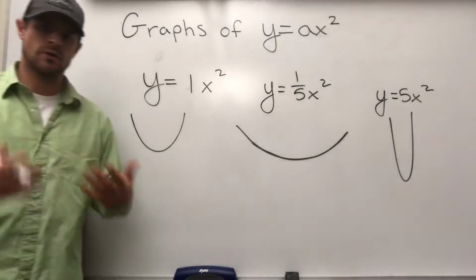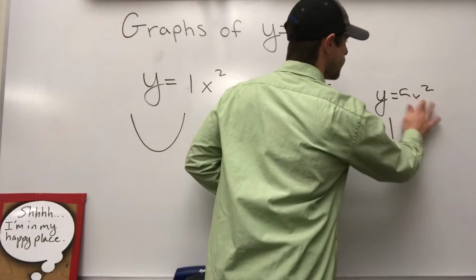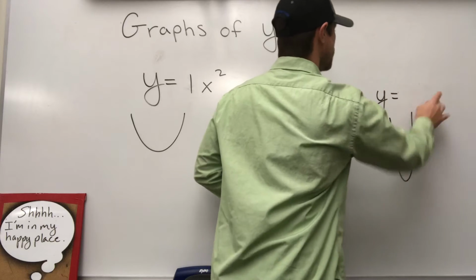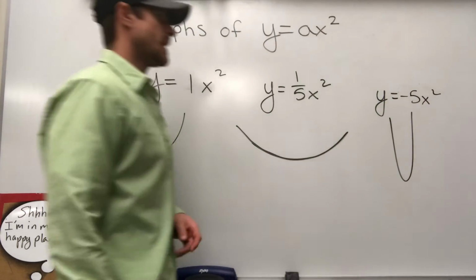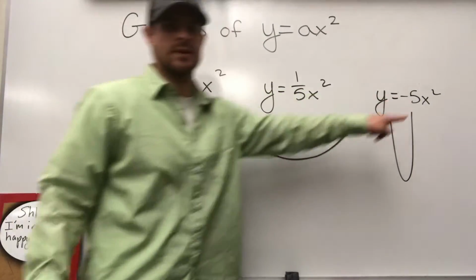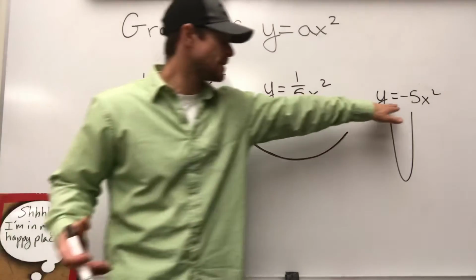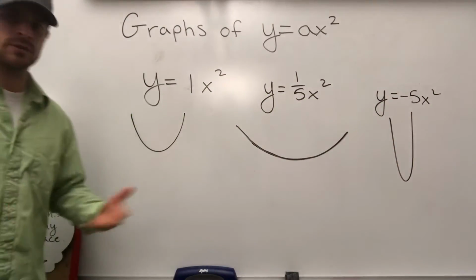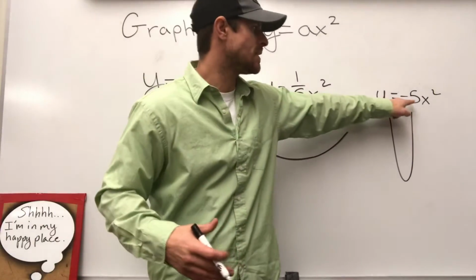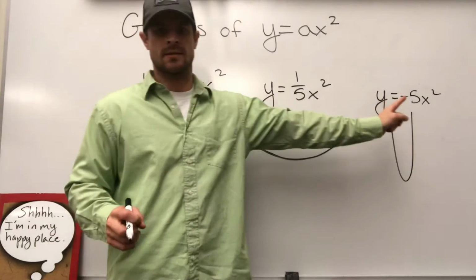Now, I had a student earlier, actually this week, okay, and they weren't dealing with 5x squared, they were dealing with negative 5x squared. And that student thought that this was going to be the widest. And I went over to their desk and I said, hey, why'd you put this down as the widest? And their response made a lot of sense to me why they were confused. They thought this was going to be the widest because they said negative 5 is the smallest number out of the list.